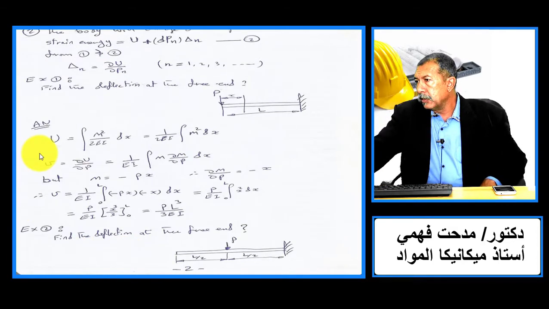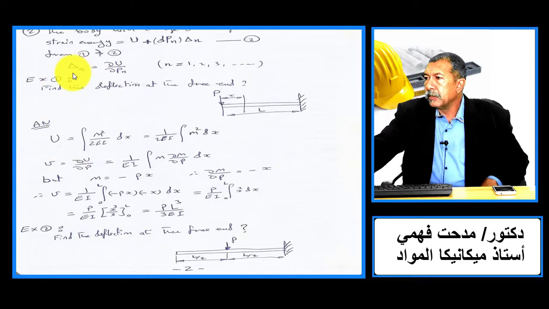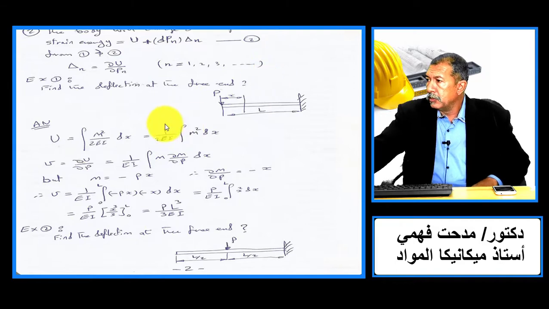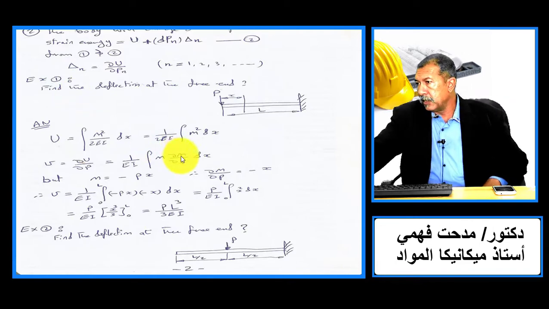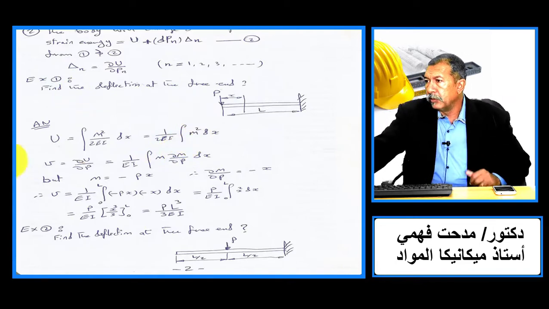And also we can say that delta n equals partial u by partial bn, where n can be from 1 up to infinity. If we want to discuss this through examples, for the beginning we can take example 1 to be solved. Here it says find the deflection at the free end.